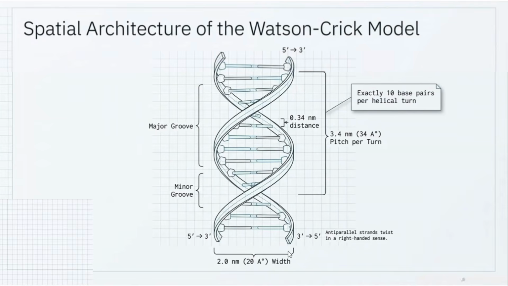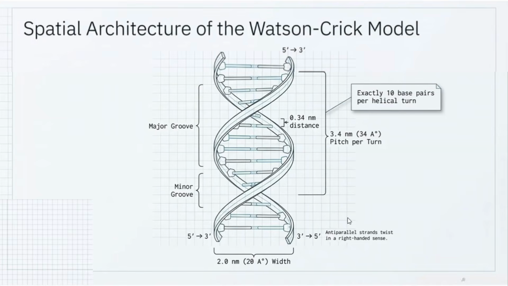Structure of the DNA: the width is around 2 nanometers, the rise is 0.34, so this is the distance between base pairs, while the pitch is around 10 base pairs per helical turn, which is around 3.4 nanometers. So there's a major groove and a minor groove that allows interaction with other proteins.